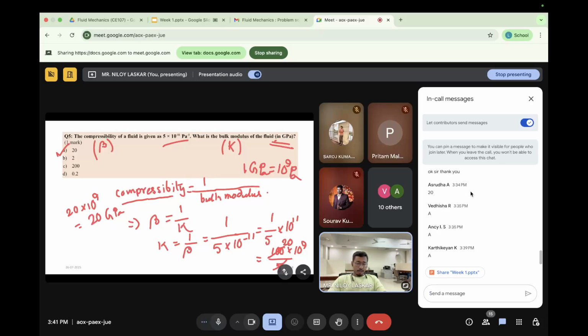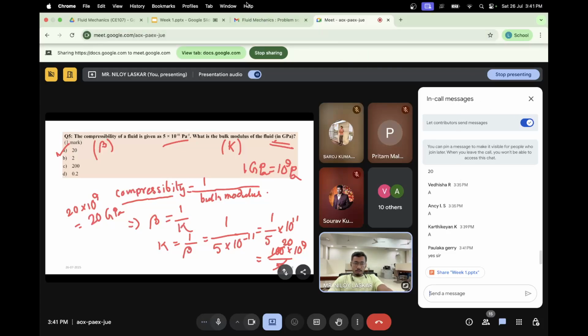Is this concept clear to everyone, up to these 5 questions? Okay. I hope that all of you have understood this concept. So I am moving to the next question.